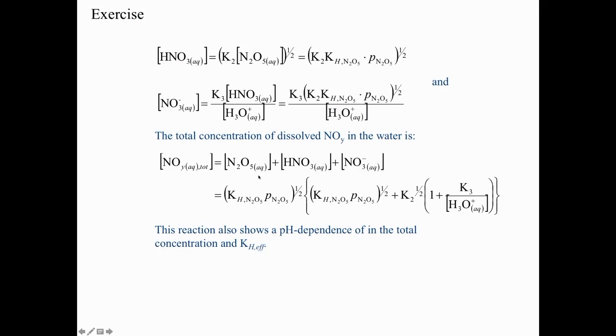Again, this tells you that the total dissolved NOy is dependent upon the acidity. So it says that N2O5 doesn't dissolve as well in acidic solutions as it does in non-acidic solutions. So what's the impact of that?